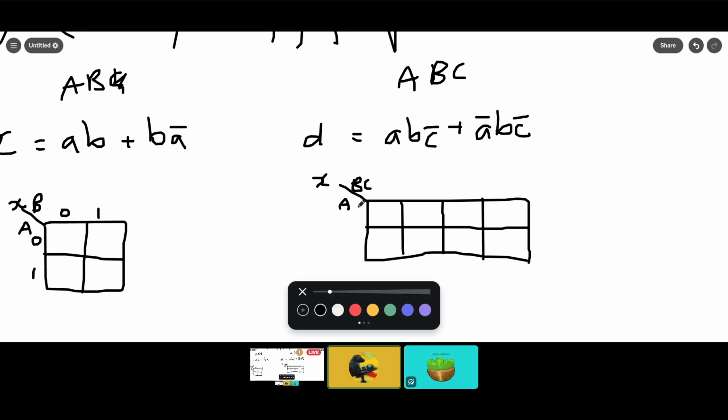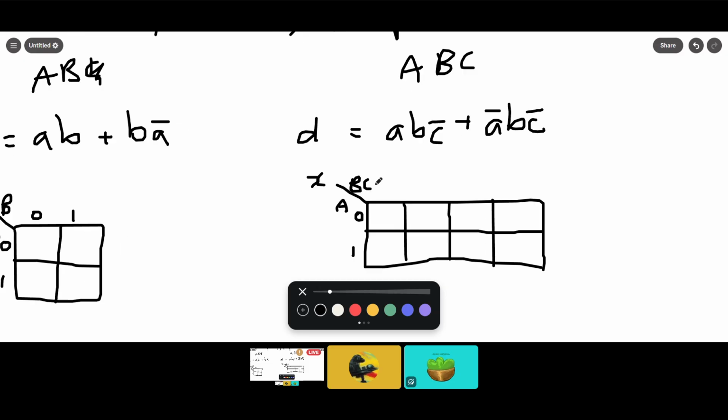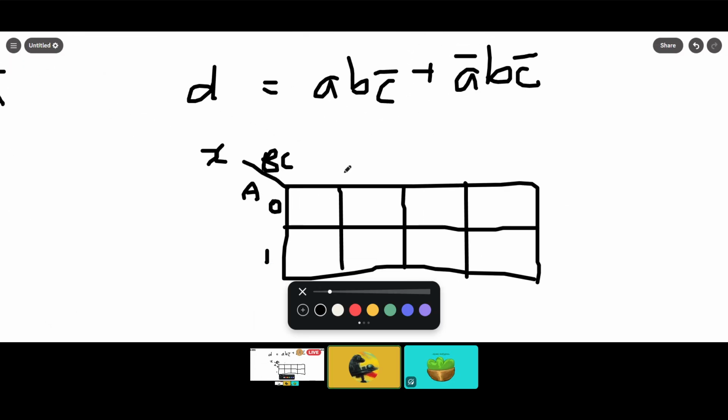Then we have to fill in the numbers. For a, the vertical is actually 0, 1, which remains the same. But for b and c, we're going to have a different set of numbers. We start with 0, 0, then 0, 1. Then you might be thinking, oh, this is counting in binary, I can do this, I watched Nikki's video.